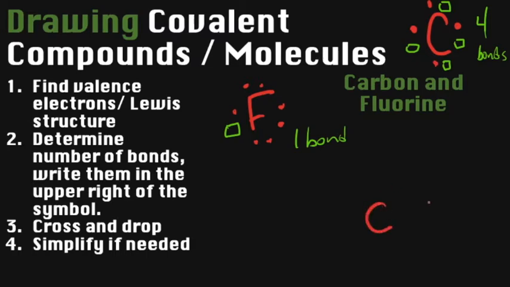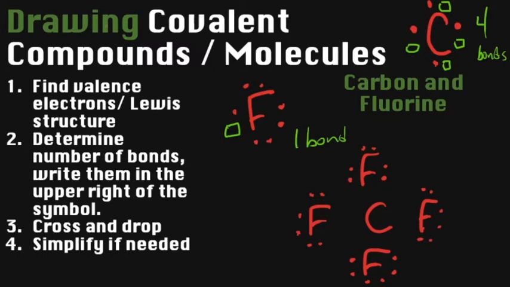But what's that going to look like? Well, we're going to have carbon in the middle with 4 fluorines on the outside. And each fluorine will have 6 valence electrons of its own. And when I say of its own, I mean it's not sharing them with carbon, right?